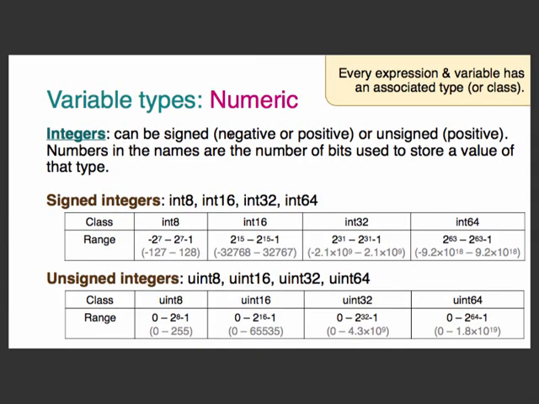Okay, so variable types. This is covered in the textbook. It's not that important for this unit. I'll still cover it in class. If you study programming in a computer science subject, they'll spend a lot more time talking about variable types, because they're typically going to be using different types of things.